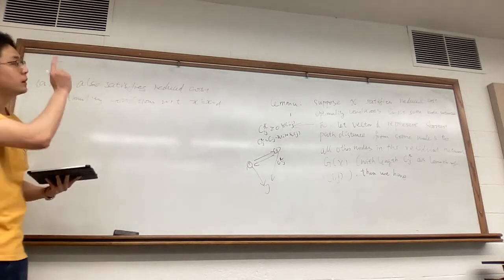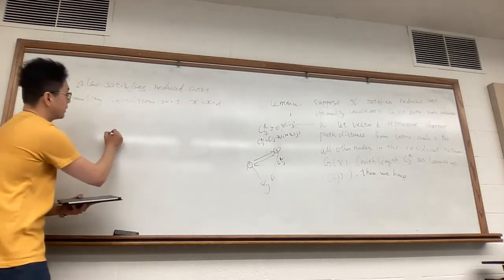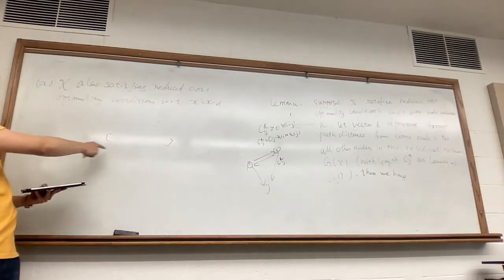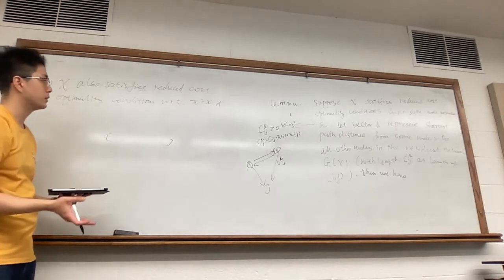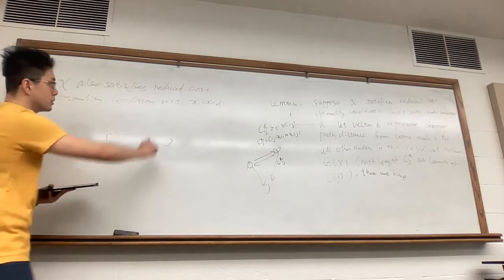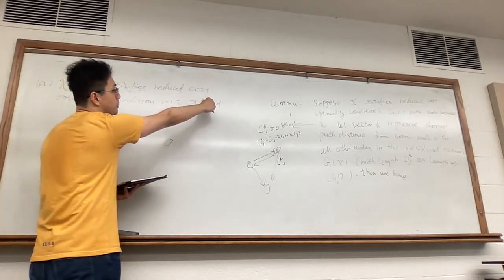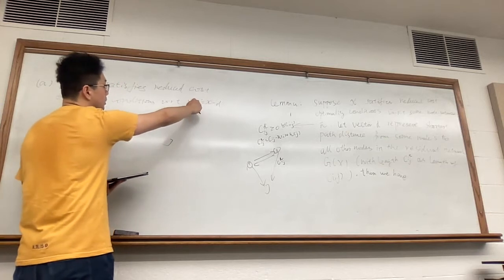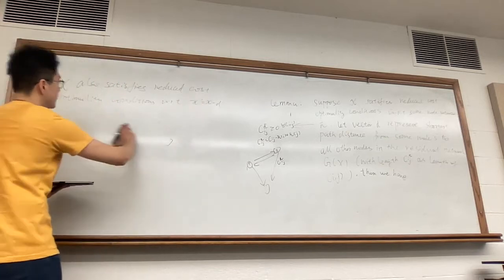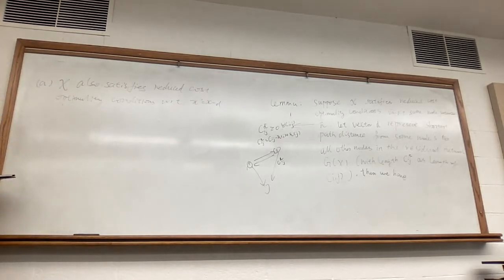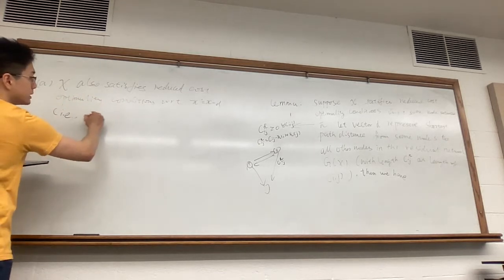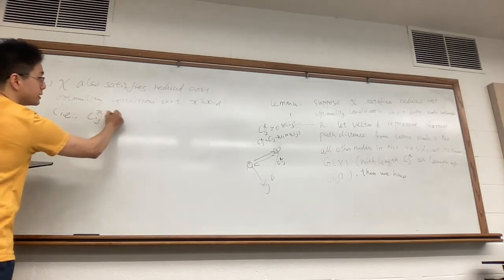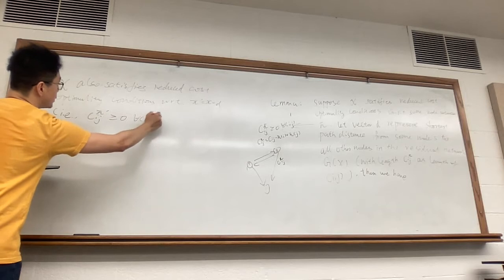As I have already said, pi is some vector having length as long as the number of nodes, and d is also a vector such that the length is equal to the number of nodes. So we can do a simple calculation between pi and d: we use pi minus d to be pi prime. The first claim is that our pseudo flow X also satisfies the reduced cost optimality conditions with respect to pi prime. That's to say, Cij pi prime is greater than or equal to 0 for any ij.